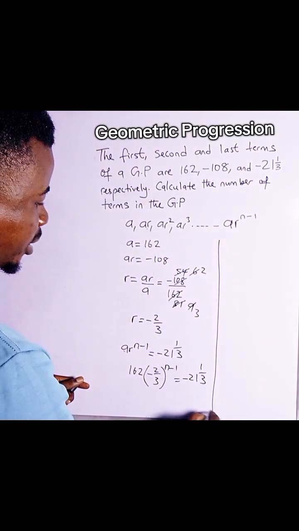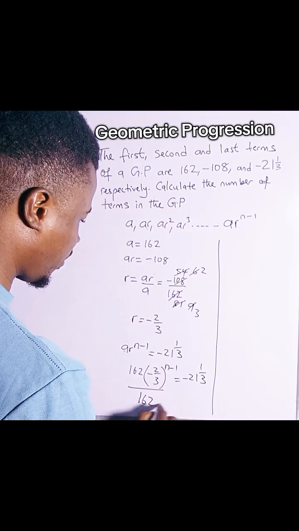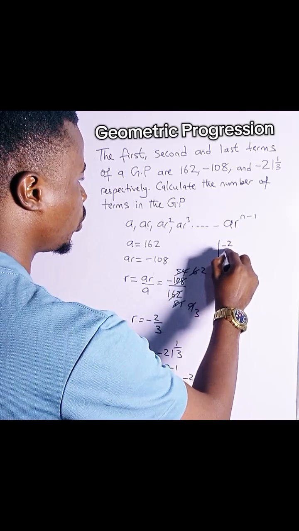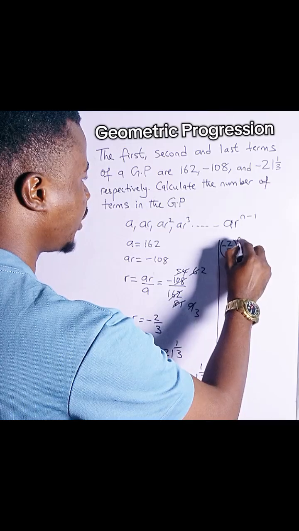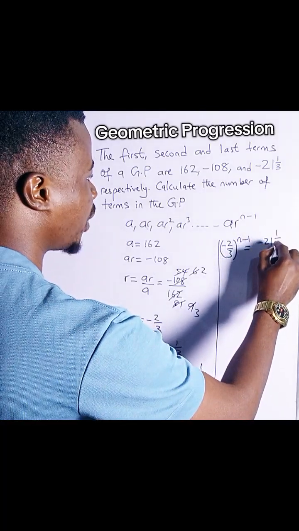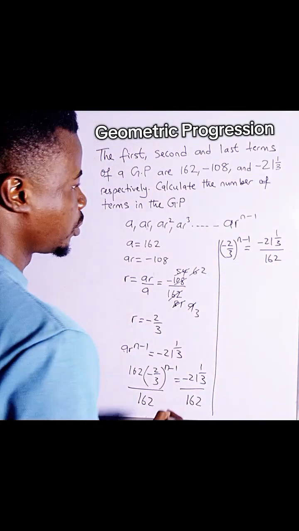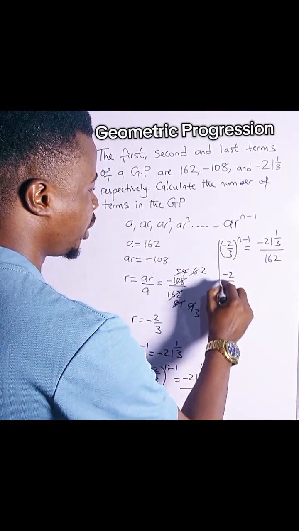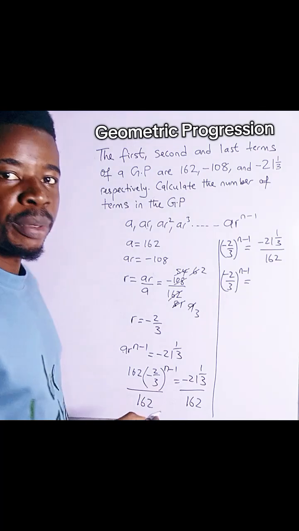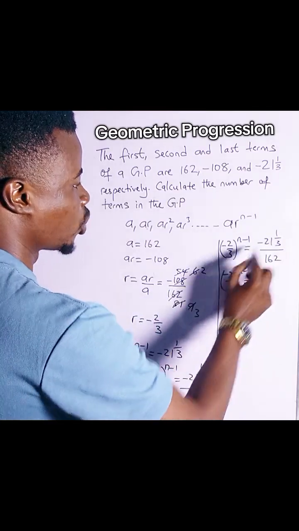So how do we simplify this? We can divide both sides by 162. So we are left with minus 2 over 3 to the n minus 1 is equal to minus 21 whole number 1 over 3 divided by 162. Now we convert this to an improper fraction. 3 times 21 is 63, plus 1, 64.